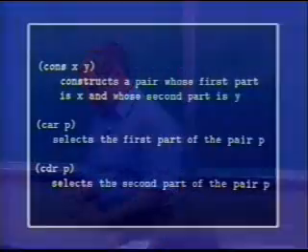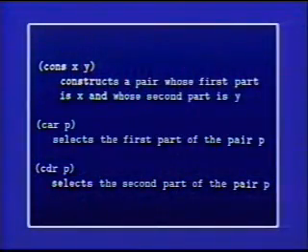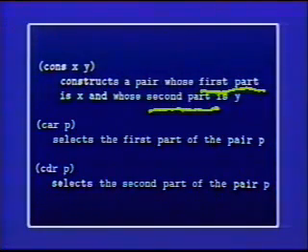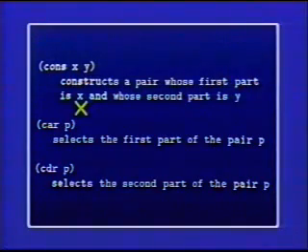Cons is an operator which takes in two arguments, x and y, and it returns for us a thing called a pair that has a first part and a second part. So cons takes two objects. The first part of the pair is x, and the second part is y, and that's what it builds.